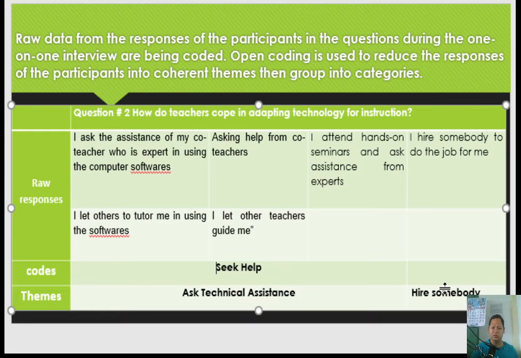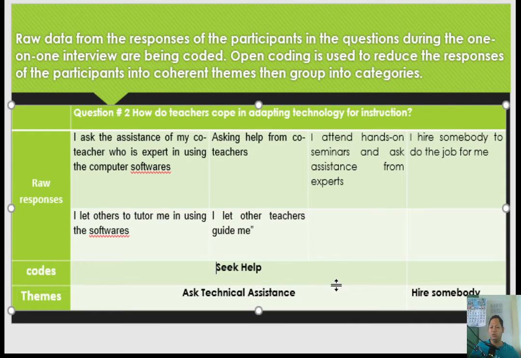As you can see, when you have your codes, it's like you're grouping the ideas. So I will give an analogy. It's like having a grocery. Example, you like to purchase canned goods.